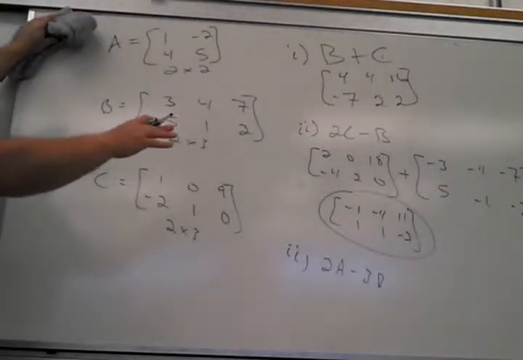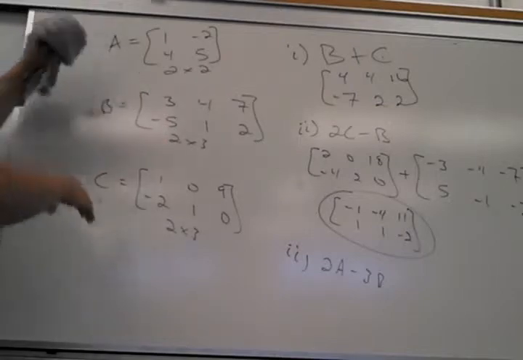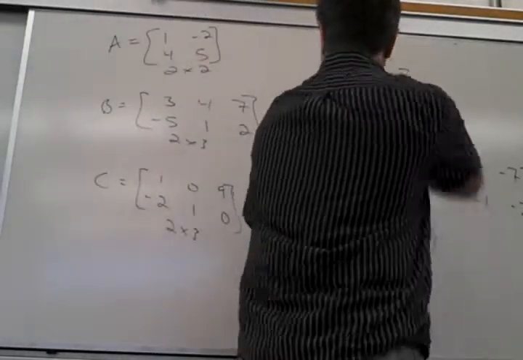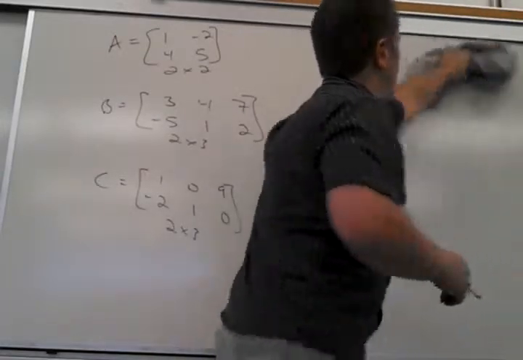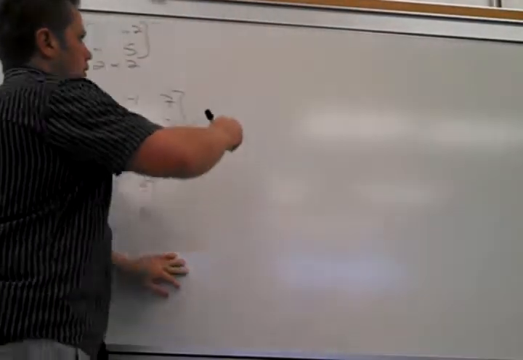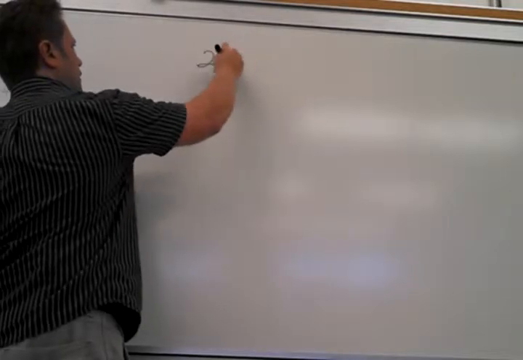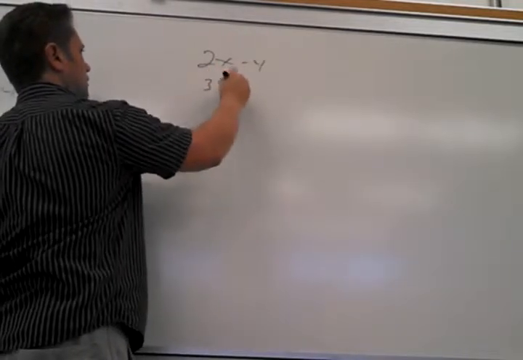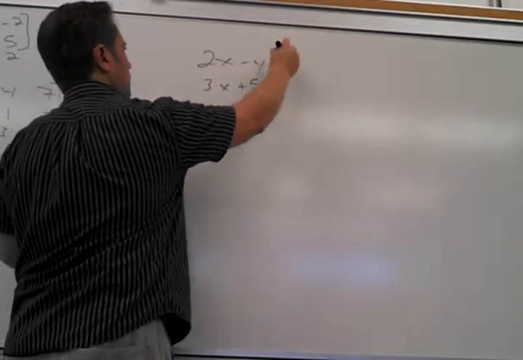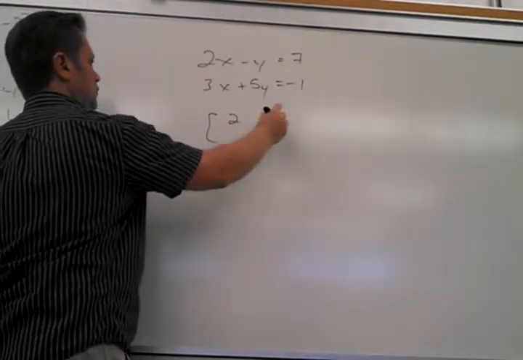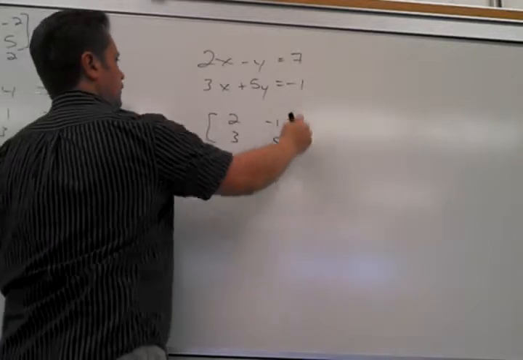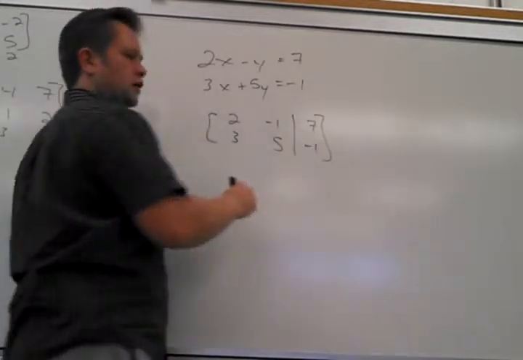Alright, let me take all this over here. Well, actually, let me leave this up there for a second. We're going to use these here again later. So, if I have this here, then obviously its matrix would be 2, -1, 3, 5, with the 7 and the -1 attached, right?